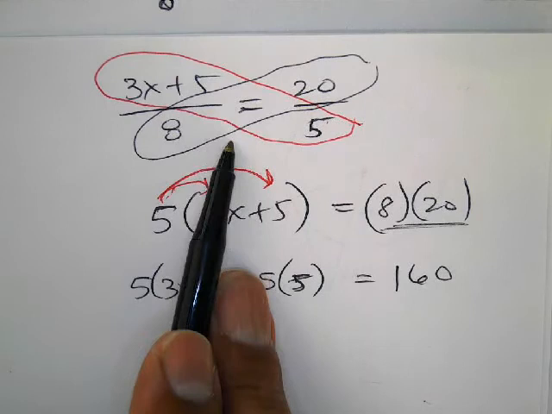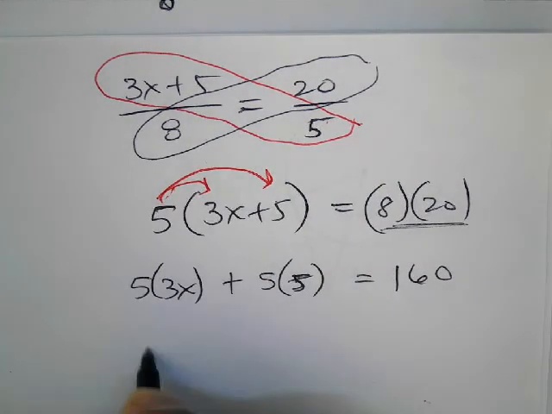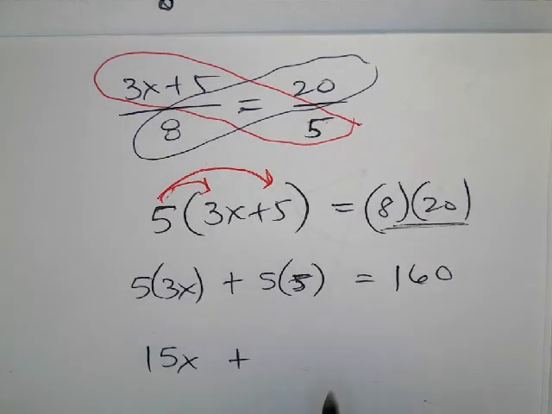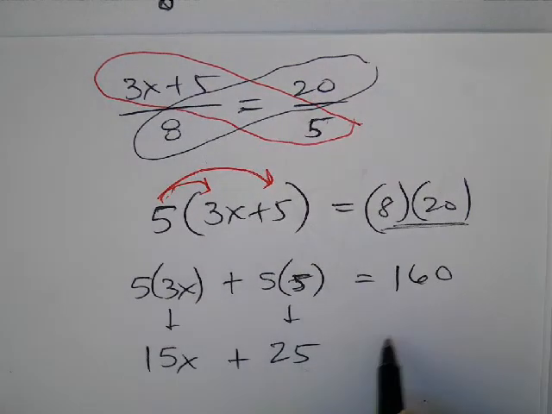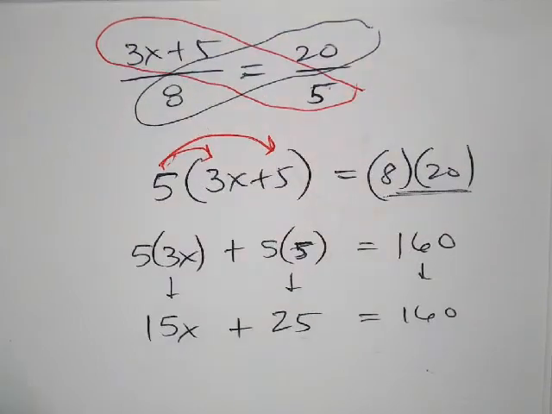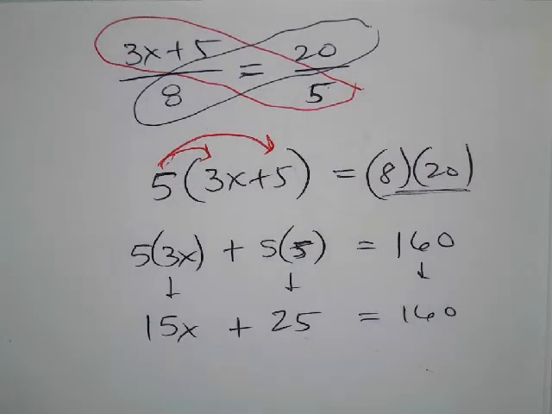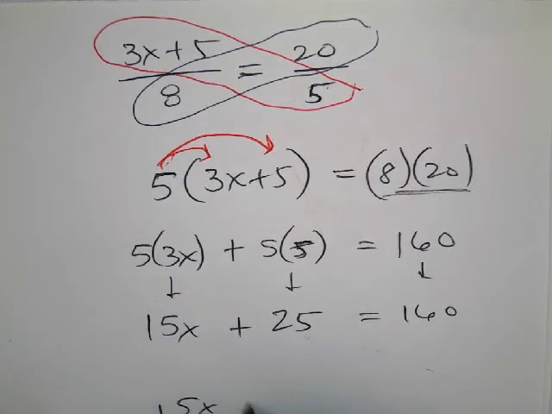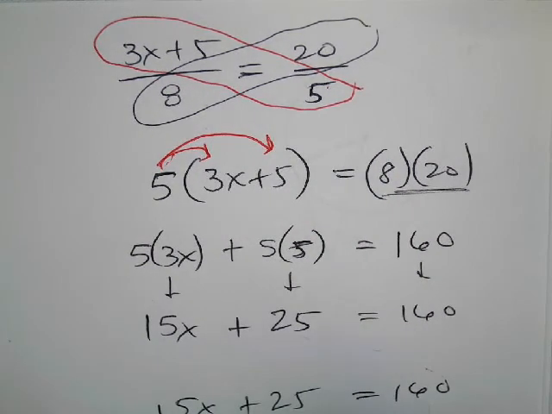I'll solve this one more time, but after this, I'll just do this first part for the rest of the problems. It'll be 15x plus 5 times 5, 25, equals 160. And then it'll be what? 15x plus 25 equals 160.